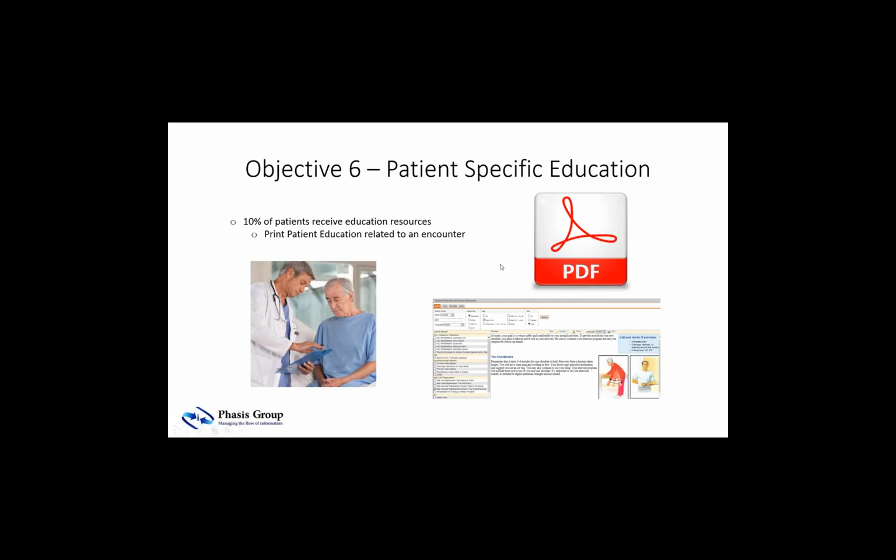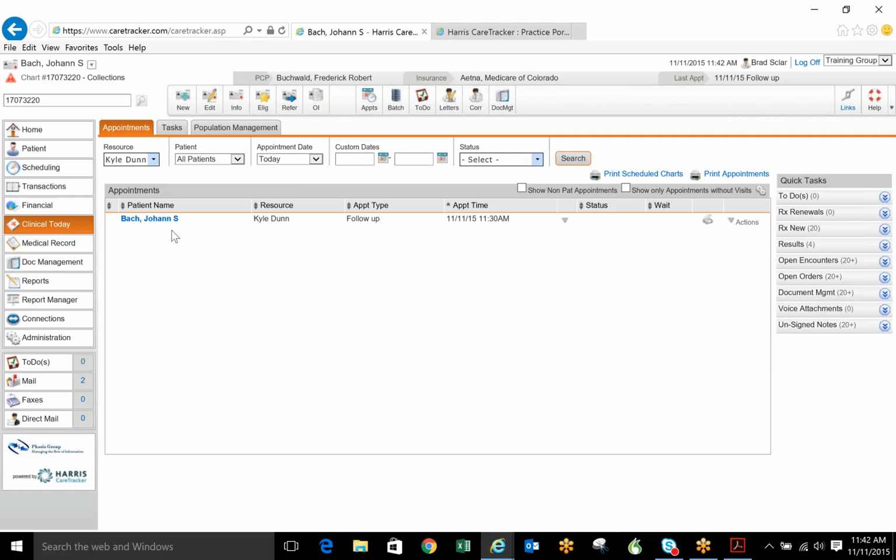And there's a definite way. Again, the key is printed. I've got on the screen a little screenshot of when you're in education, and there's a little print button at the right. So Bradley, I'm going to switch to you if you want to walk us through inside of CareTracker how you meet this objective by printing patient education.